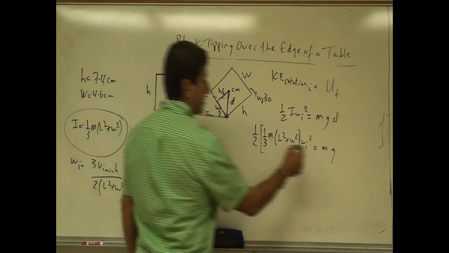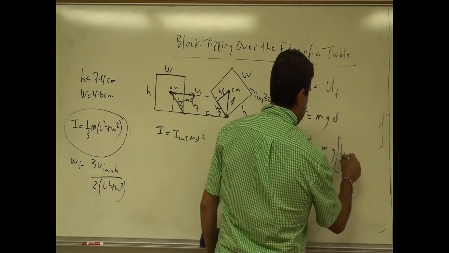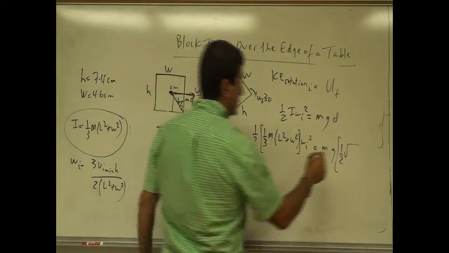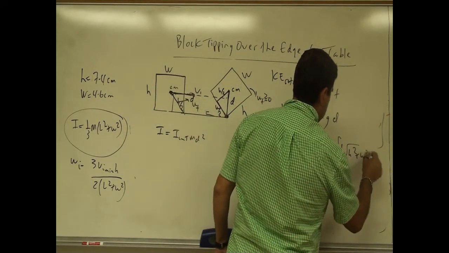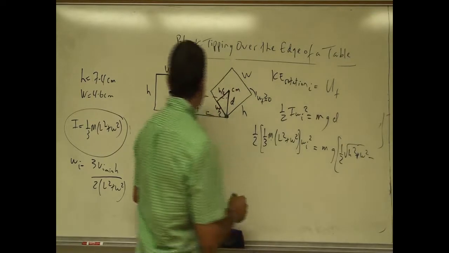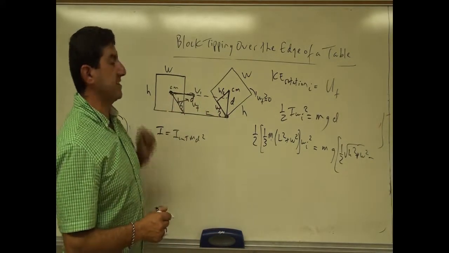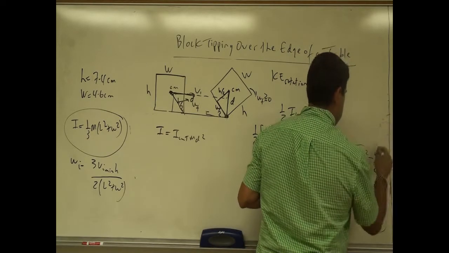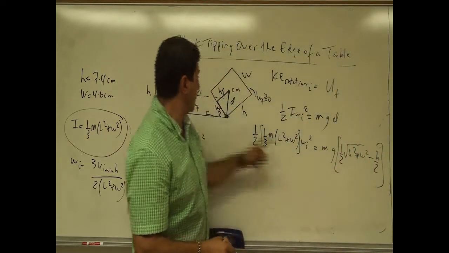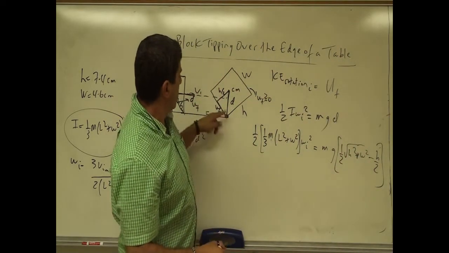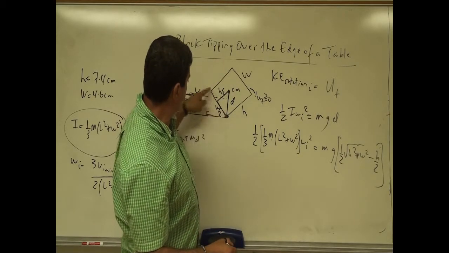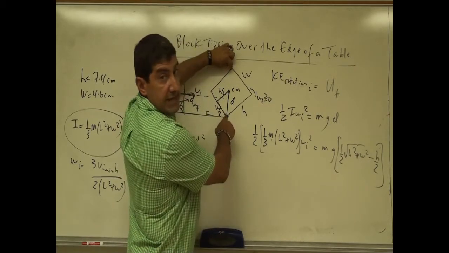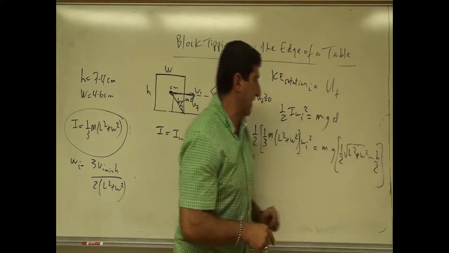It's going to be 1/2 square root of h squared plus w squared minus the original height of the center of mass, which is h over 2. So I'm taking half of this, h squared plus w squared, that would give me the full diagonal, and then I'm just taking half of that, right?